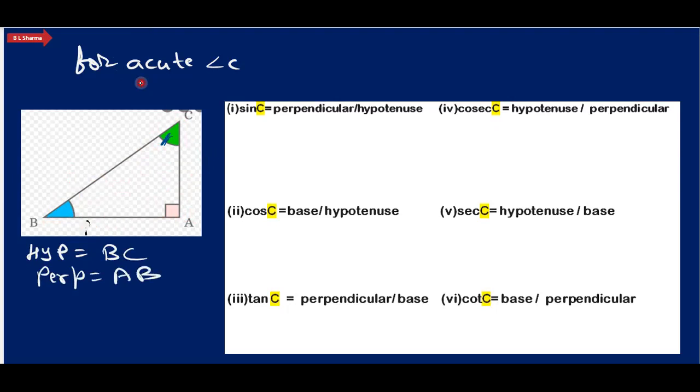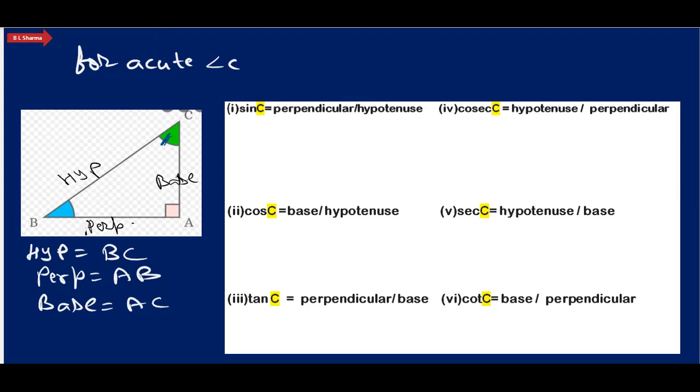The remaining third side is the base, so the base is AC.